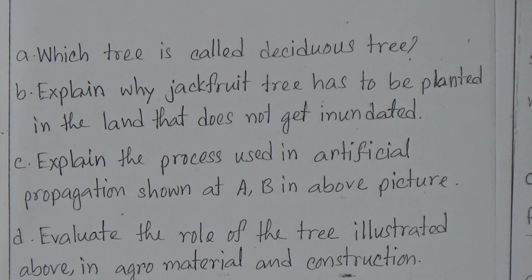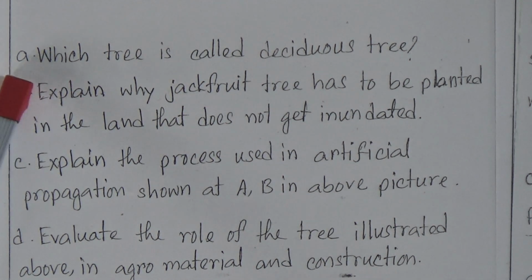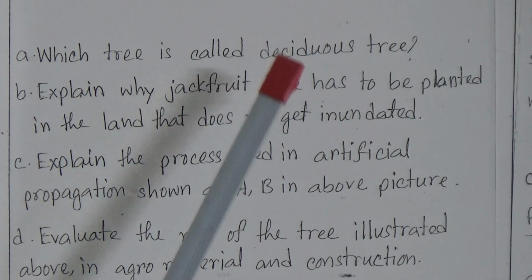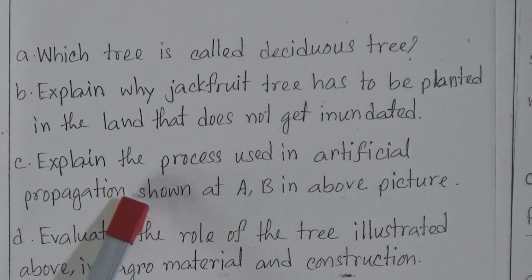So now we know that in creative question, number A carries 1 mark, question number B carries 2 marks, question number C carries 3 marks, and question number D carries 4 marks.